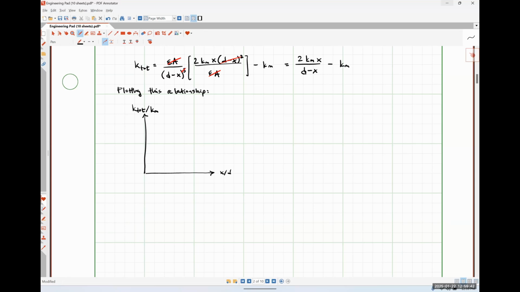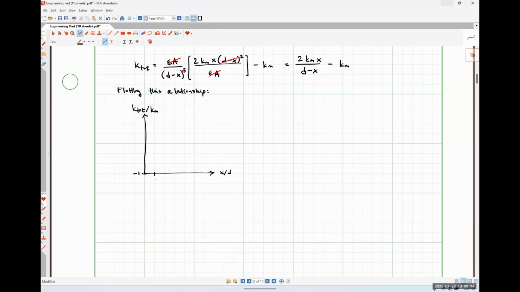So if x over d is 0, meaning that there is no displacement whatsoever, we only have the mechanical spring constant to worry about. And so that's going to start with a value of effectively -1 on the y-axis. So all of our spring constant is the mechanical spring constant, and it is operating in the negative x direction from how we have defined it, okay?